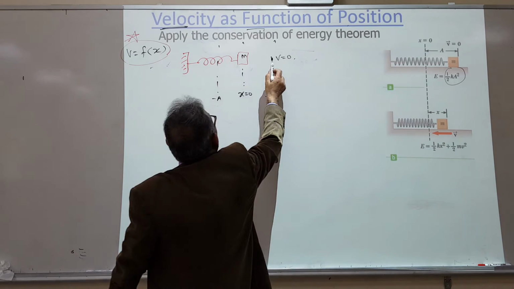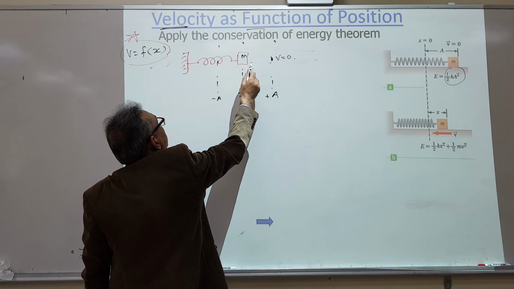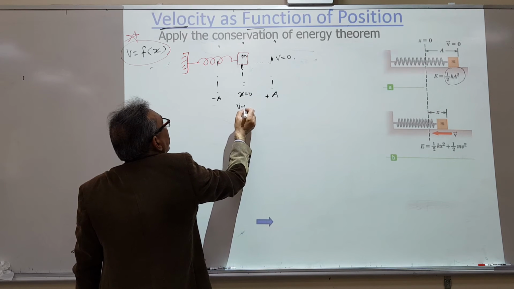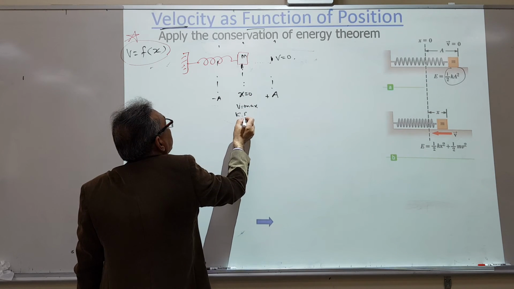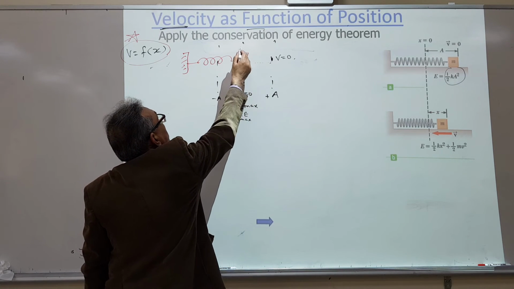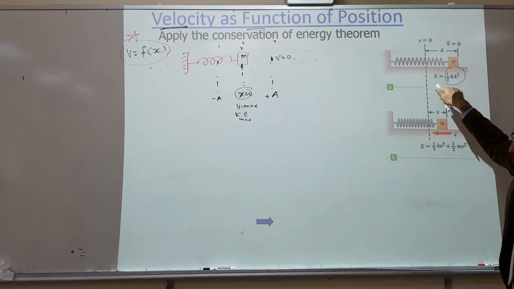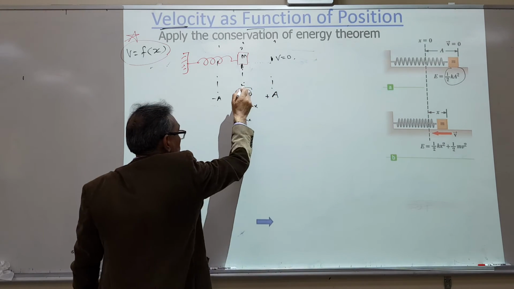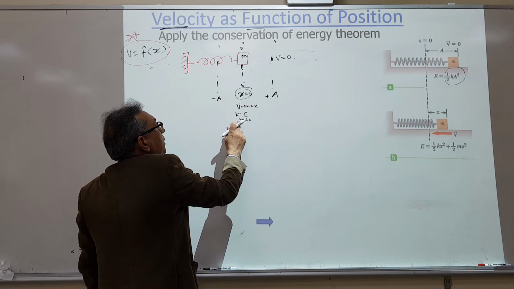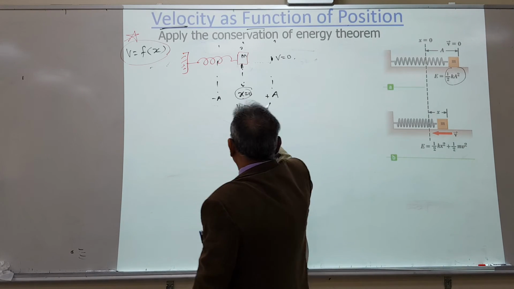Once you start moving on this side, velocity starts increasing. When you just reach here, velocity is maximum, so kinetic energy is also maximum. And since x is 0, elastic potential energy at this equilibrium position is 0. So the only energy is the maximum kinetic energy, and it will be there as total energy.